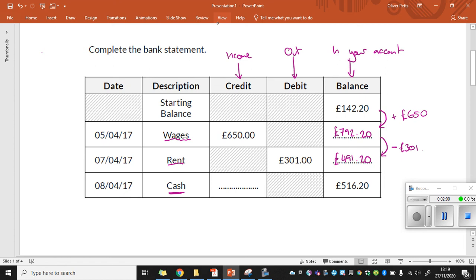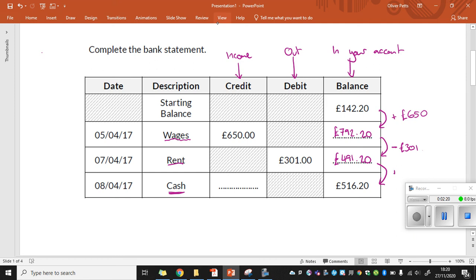Finally, we've got some cash which is coming into our account. It's in the credit column, so this is coming into our bank account. We need to work out how much is going into our bank account though by comparing what our balance was in the previous day to the 8th of April. So how have we gone from £491.20 to £516.20?